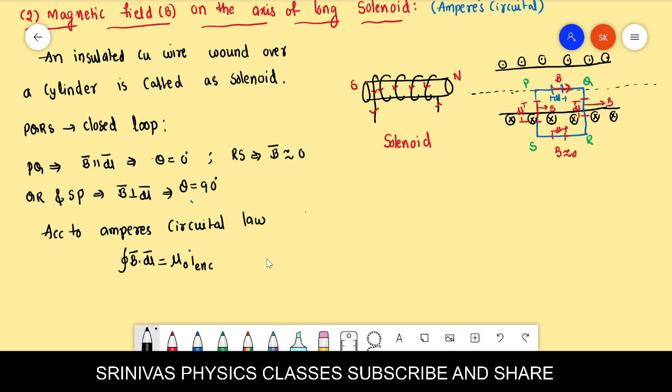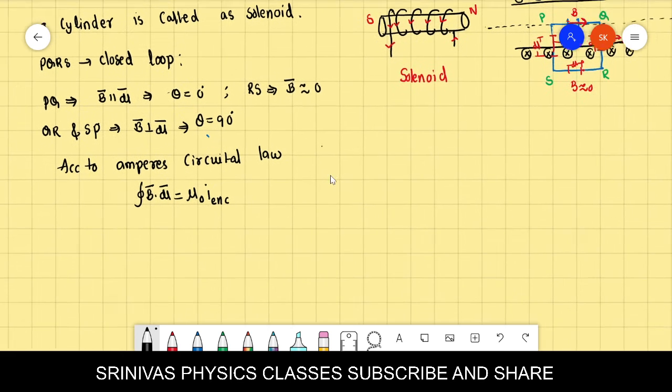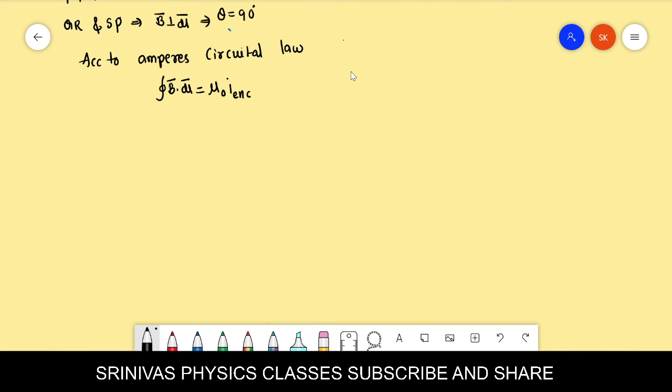Now we want the integration along the closed loop. What is that closed loop? The closed loop is P to Q, next Q to R. Or simply directly also we can write.